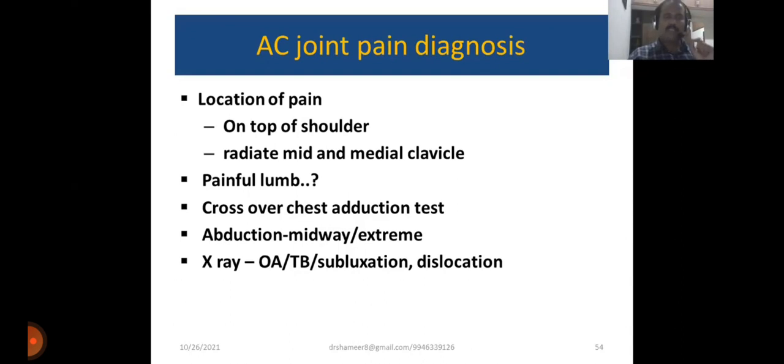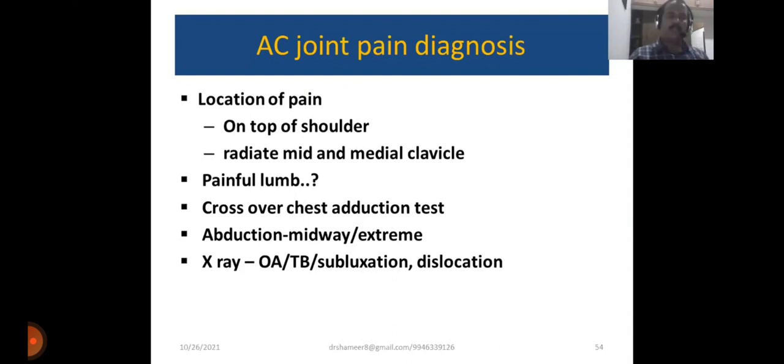If a patient presents with AC joint pain without a definite history of trauma, but with a definite history of heavy weightlifting, as a daily job or in other activities, most probably it is weightlifter's osteolysis. You have to ask the patient about his job.